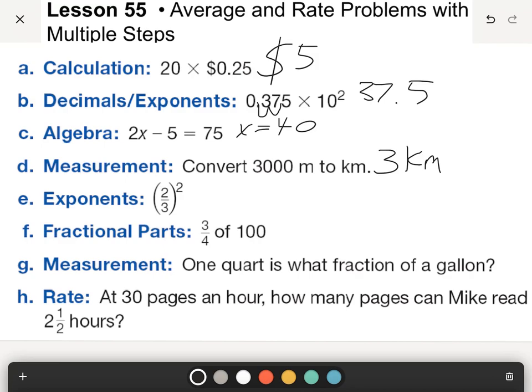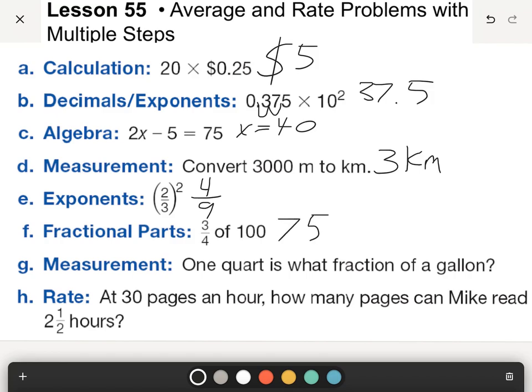All right, so 2 times 2 is 4. 3 times 3 is 9. I just realized I could just square the numerator and the denominator and then put those in and it would be the same thing. I think of letter F as just there's 3/4 out of $1, 75 cents.